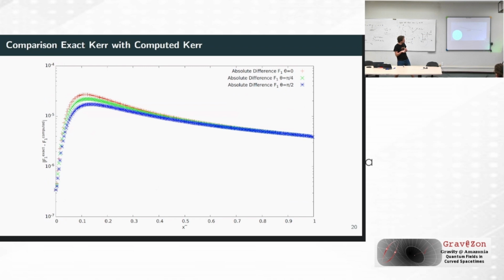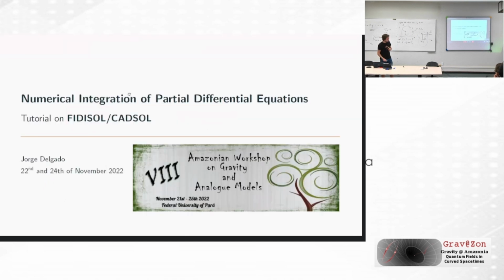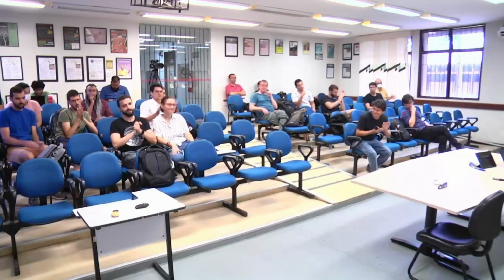So there's quite a good agreement between the analytical one and the numerical one. Essentially, that's what I wanted to talk about in this first lecture. The next one will be a bit different, but let's hope it goes well, or goes better. Thank you.